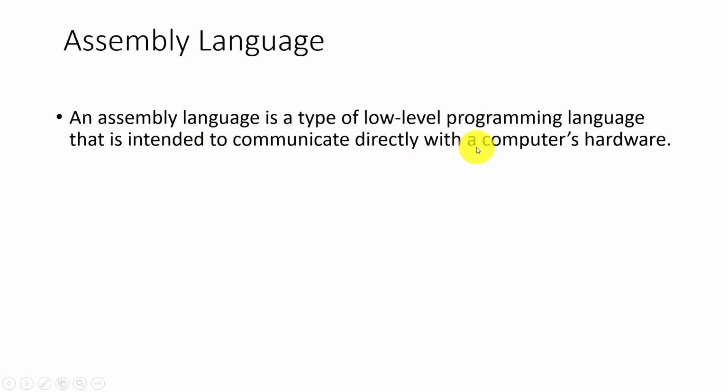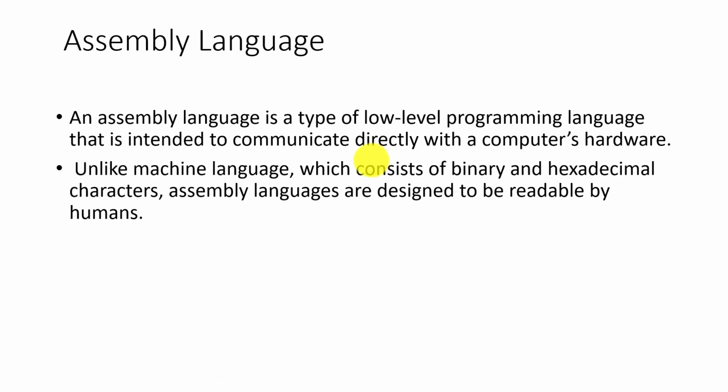Machine language communicates directly with 0 and 1, but assembly language also communicates with the computer hardware. We know that machine language consists of binary numbers, but assembly language can support both binary and hexadecimal characters.